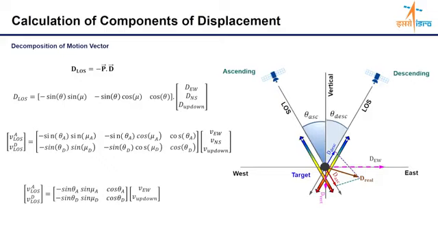So keep in mind, whenever we are investigating the deformation from InSAR analysis, by coupling both the ascending and descending data sets, we are able to get only the east-west displacement and the up and down displacement. No north-south component we are able to calculate because of this theoretical and practical limitation.